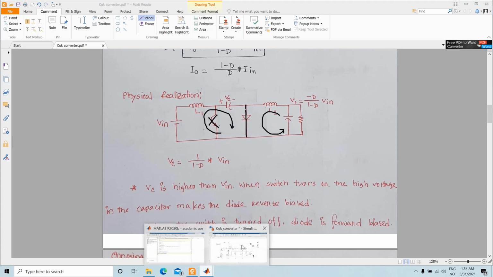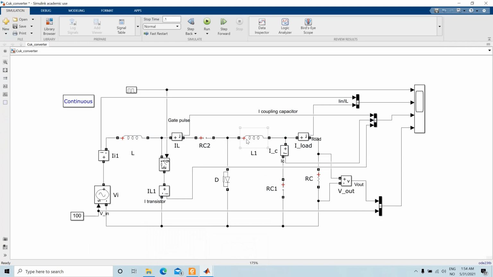So I have built a very simple Simulink model here. As you can see, this represents the Cuk converter. So you can play with this model. You can add current measurements here. You can simply copy it.